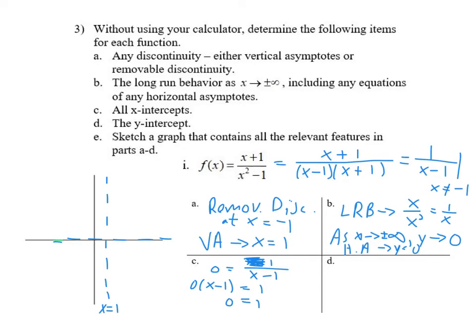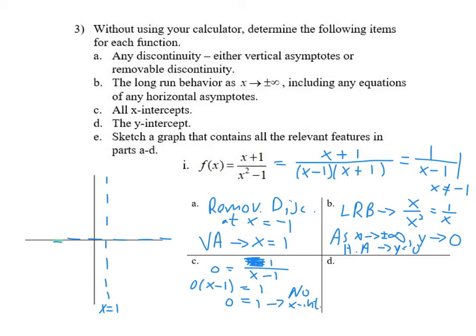Anytime you do this, you're just multiplying the denominator out and setting your numerator equal to 0. That's when your fraction equals 0, when your numerator equals 0. In this case, our numerator can't equal 0 because the numerator is just equal to 1. So therefore, we have no x-intercepts on this function, and we don't need to mark any of that.